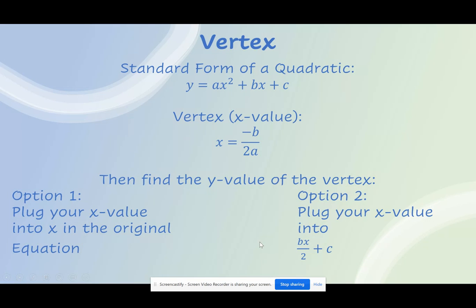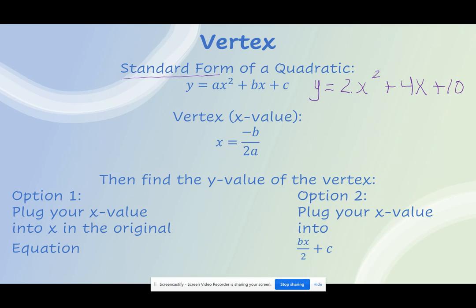So all the equations we are going to be looking at right now are going to be in standard form. So when a quadratic equation is in standard form, it's always y equals ax squared plus bx plus c. So it could be, for example, y equals 2x squared plus 4x plus 10.